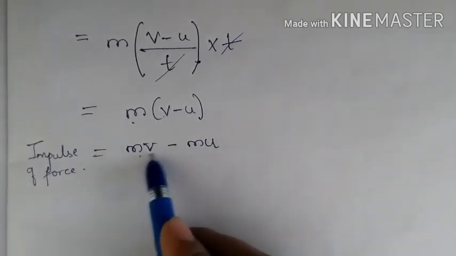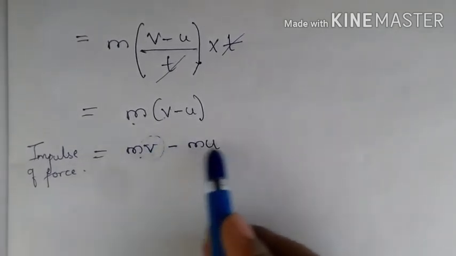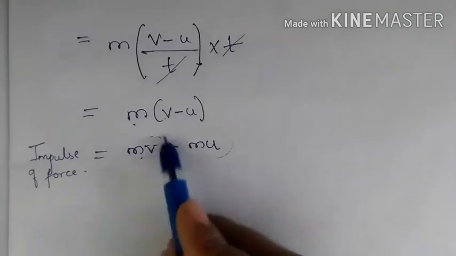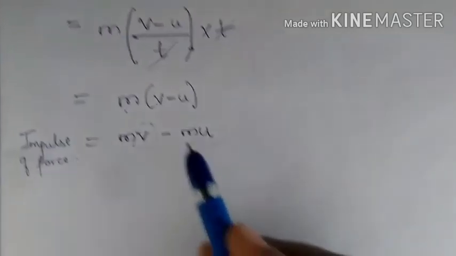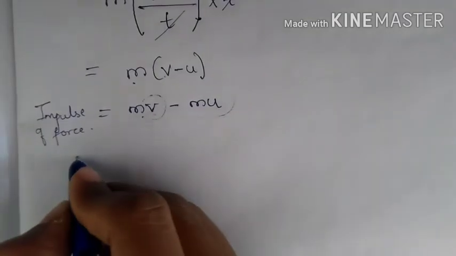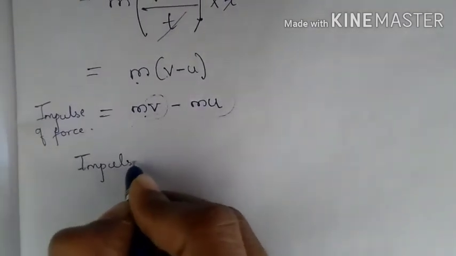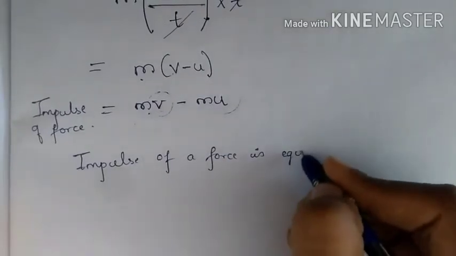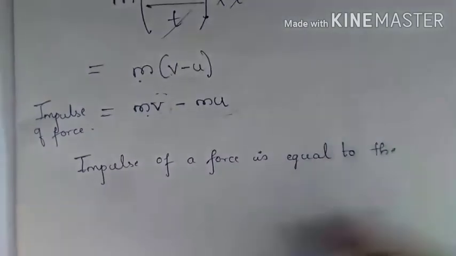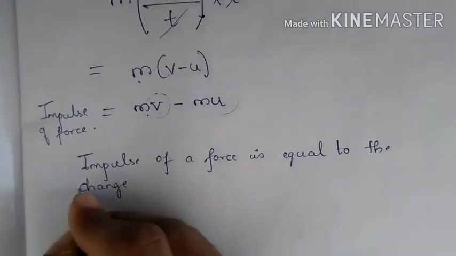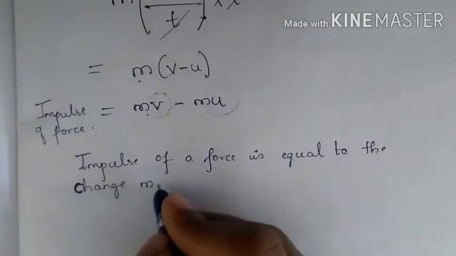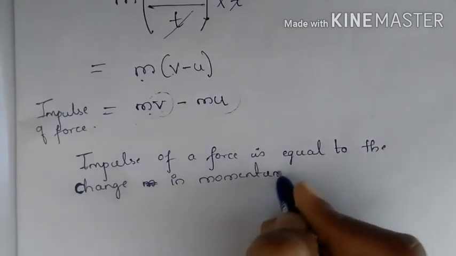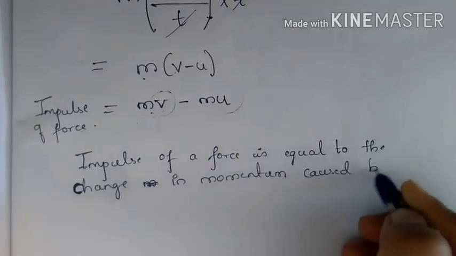This is the final momentum, because here we have final velocity and here we have initial velocity. For initial velocity we get initial momentum, for final velocity we get final momentum. So we can write: impulse of a force is equal to the change in momentum caused by the force.